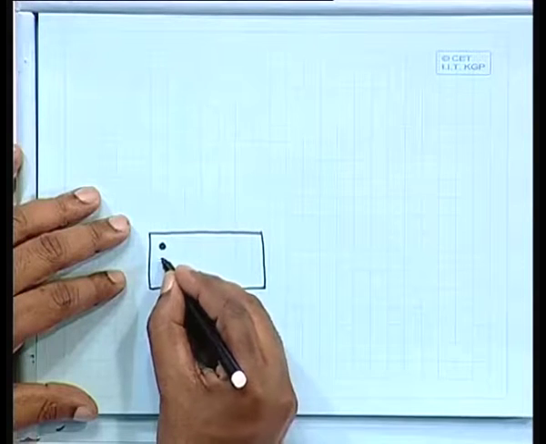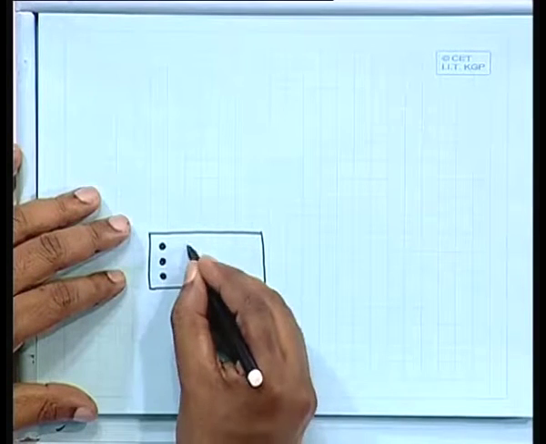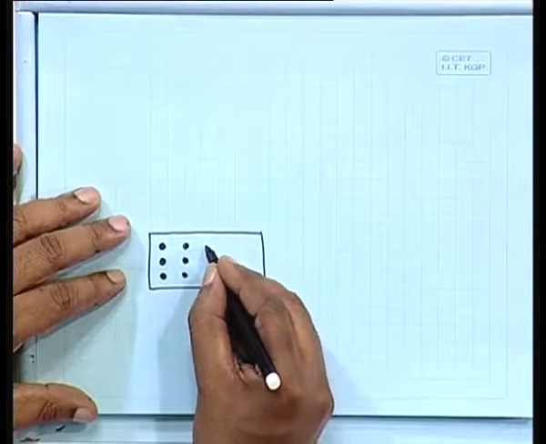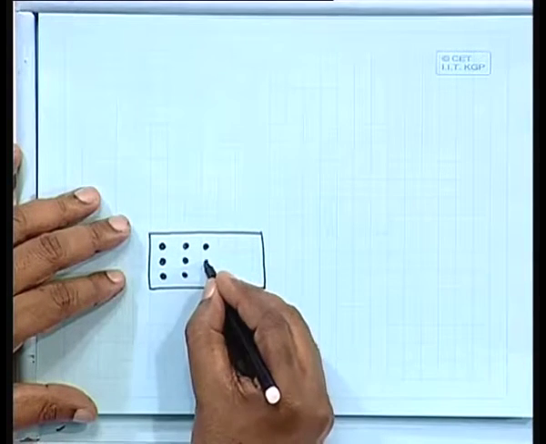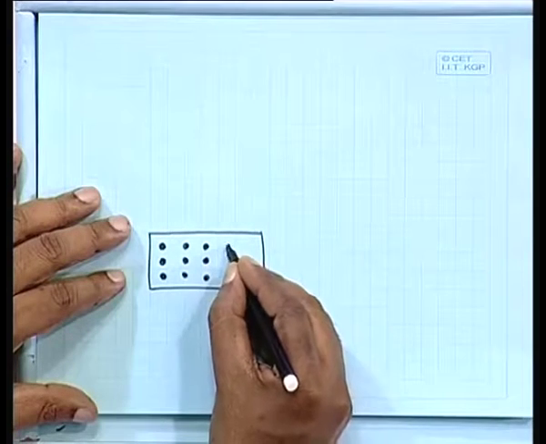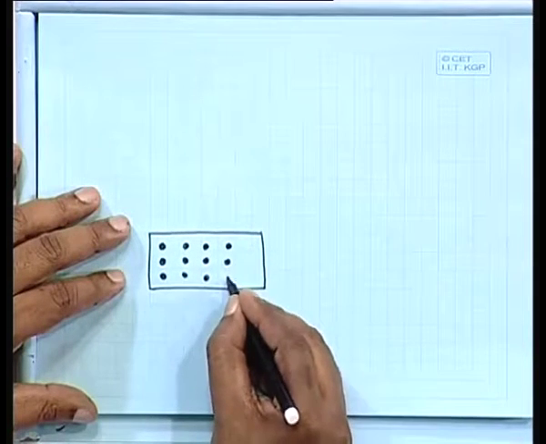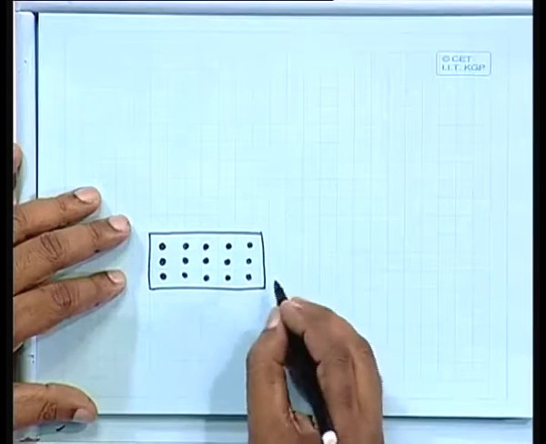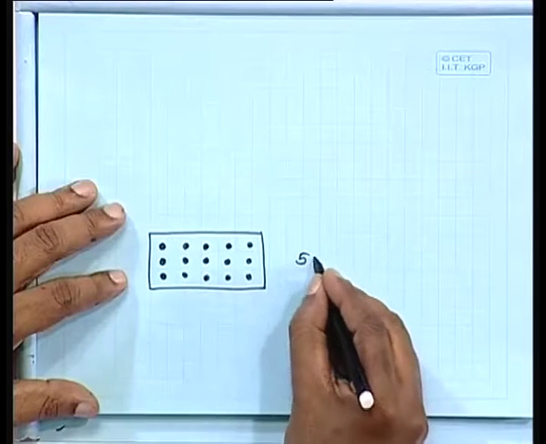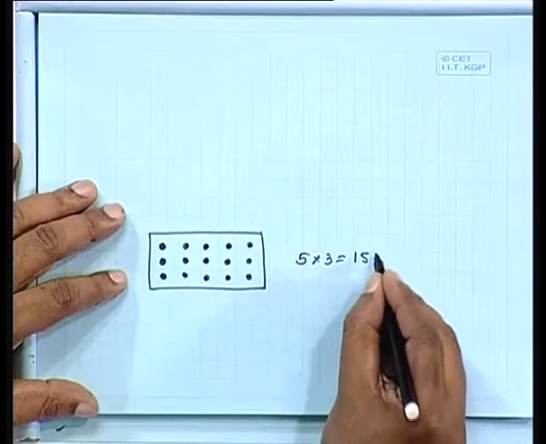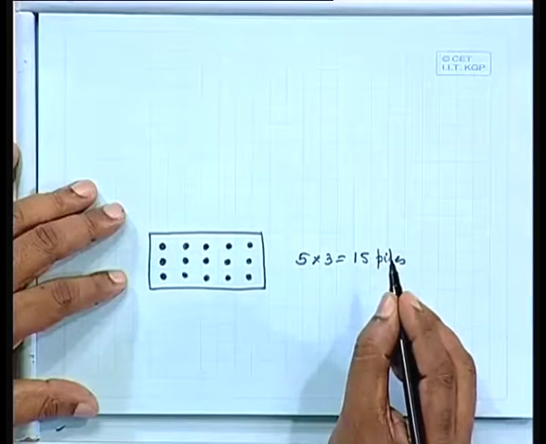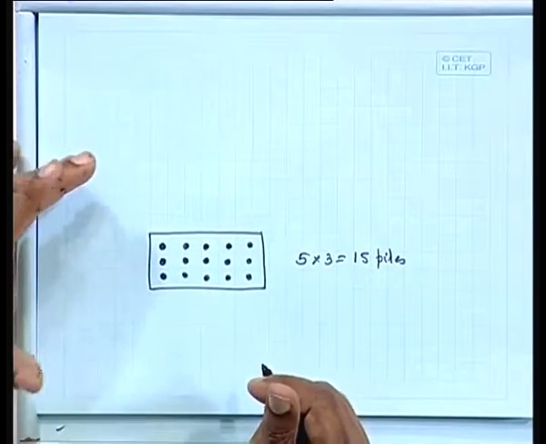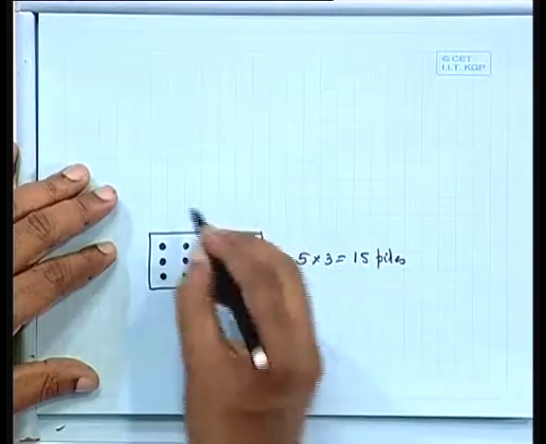So let us say we are providing piles, 5 into 3, 15 piles, maybe 20 meters long, 10 meters long. That means it comes in this way.